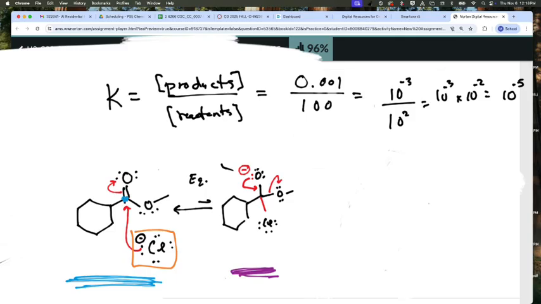In OChem, we primarily want them to favor products, which means our K value should be larger than 1. So there's really only 3 values that you should be looking at: larger than 1, less than 1, and equal to 1. If OChem only cares about things being greater than 1, why do we talk about things less than 1?